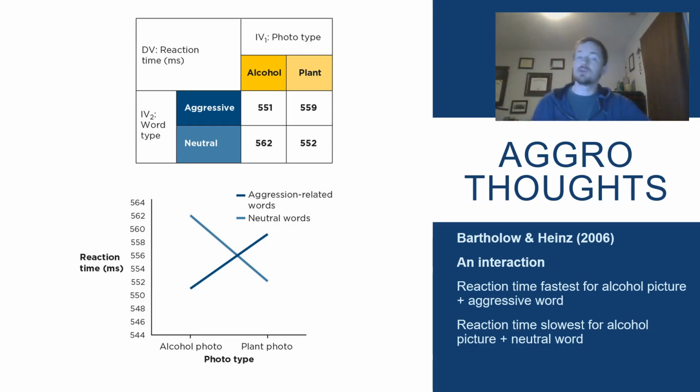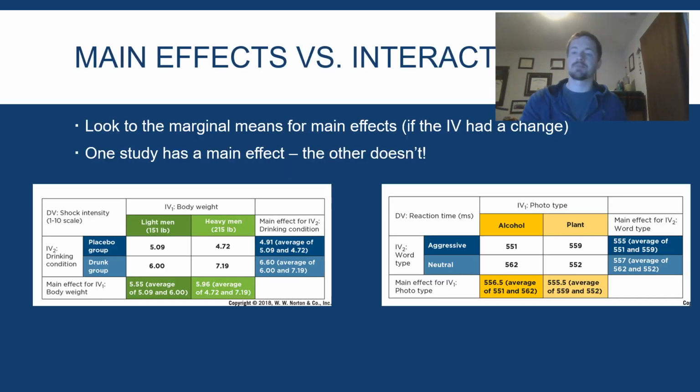Are these huge differences? No, not really, right? We're looking at milliseconds, and this is a very, very small change, maybe a 10 millisecond advantage whenever you see the alcoholic photo first. But it is a reliable finding, and it just shows how quickly our thoughts occur. So this is an interaction.